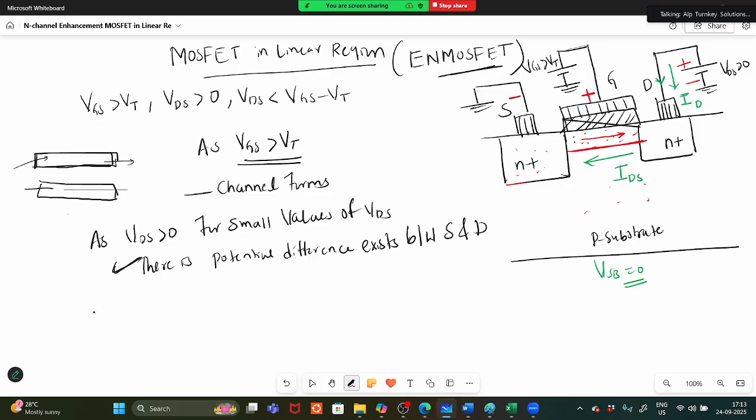Due to this potential difference, the electrons flow from source to drain. Okay, you have a conventional current. What is conventional current?